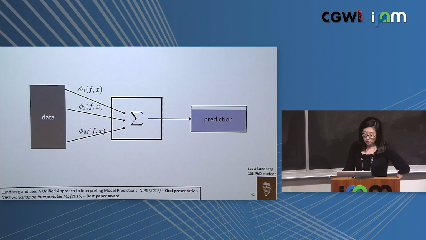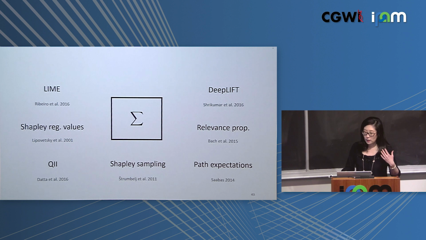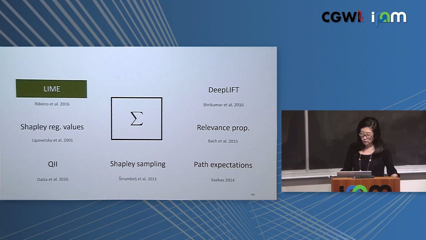Okay. So it turns out that this way of explaining a model's prediction as a sum of feature attributions is widely used. In fact, there are at least 7 different explanation methods that all use a sum of feature attributions to explain complex model output. So LIME, for instance, is a popular method.